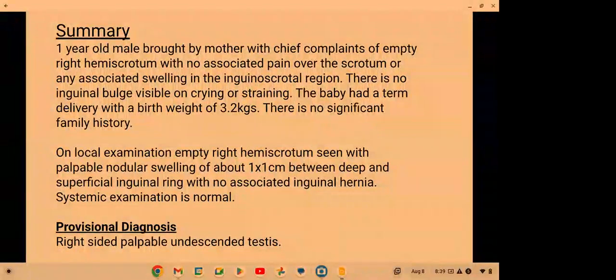The spermatic cord? No, ma'am, you have to find the gubernaculum, which is attached from the lower pole of the testis to the base of the scrotum. You have to identify the gubernaculum first and divide it from its scrotal attachment, making very sure that you have gone to the extreme of the gubernaculum, because many times there is an associated long loop vas.